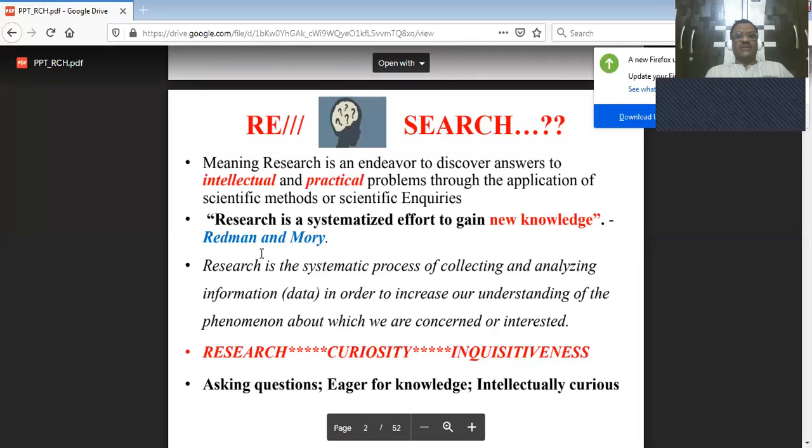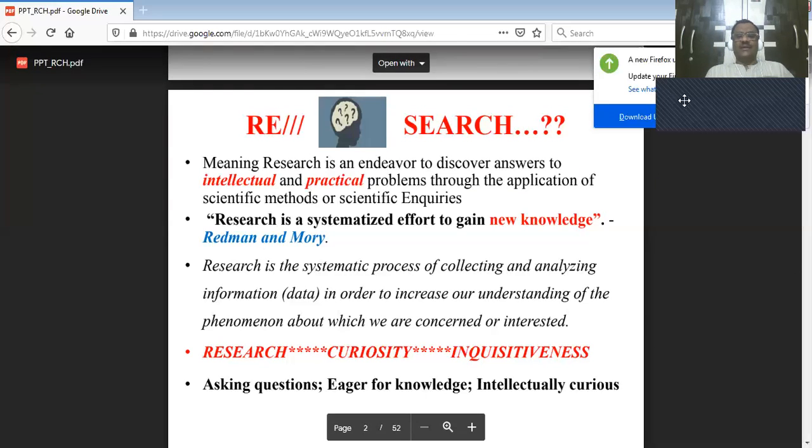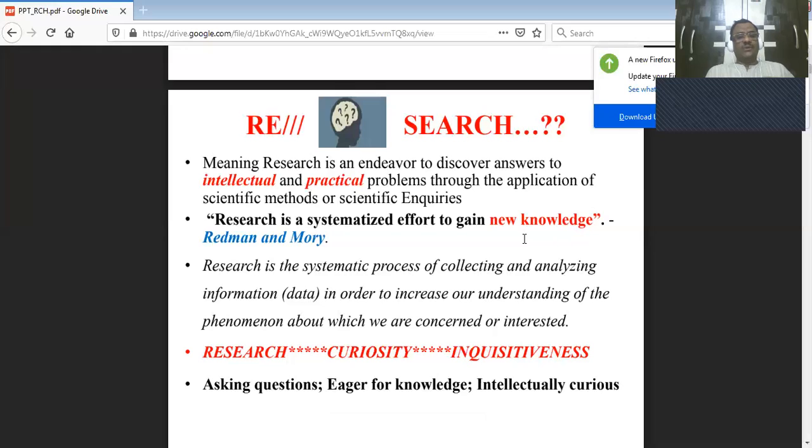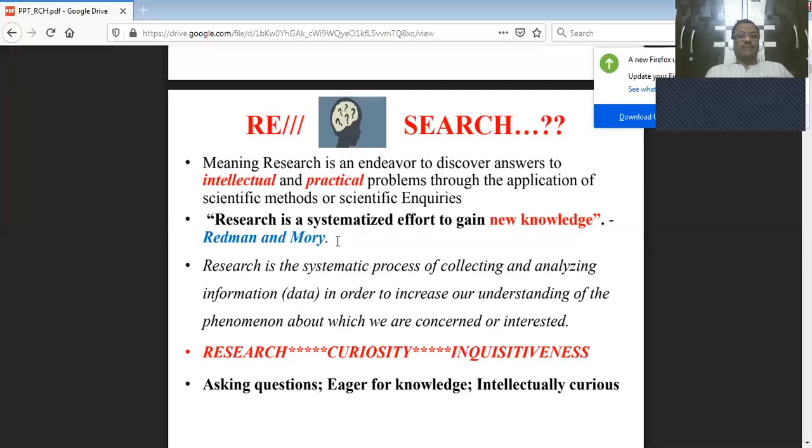Now, research is the systematic process of collecting and analyzing information or data. If we say research, it's all about the collection of data to gain new knowledge or to answer any intellectual or practical problems. The first and foremost thing required is relevant, timely data.